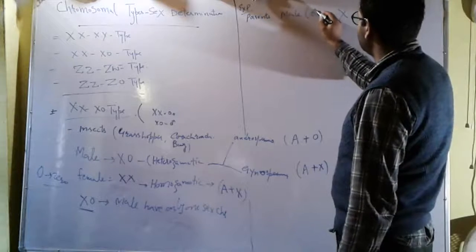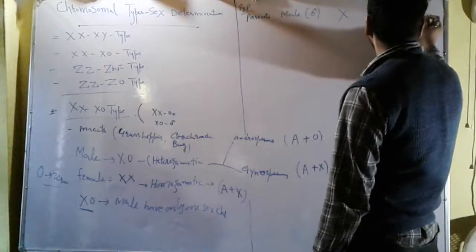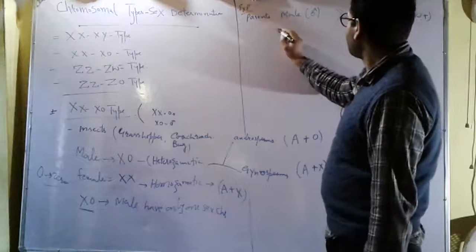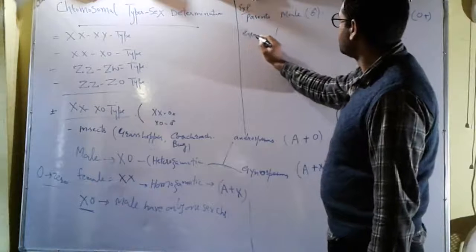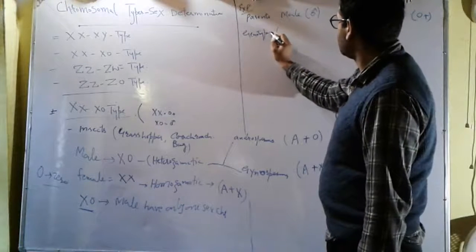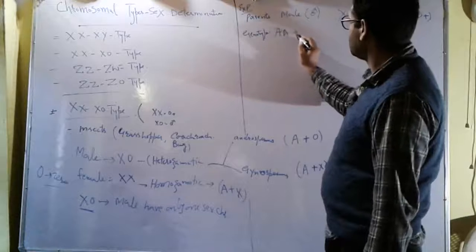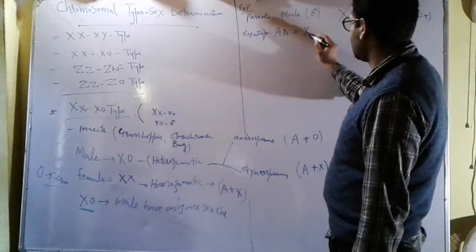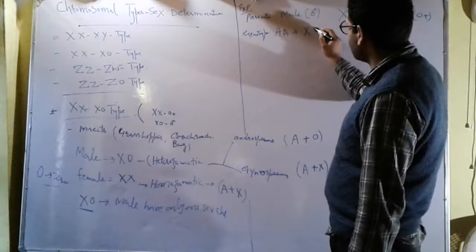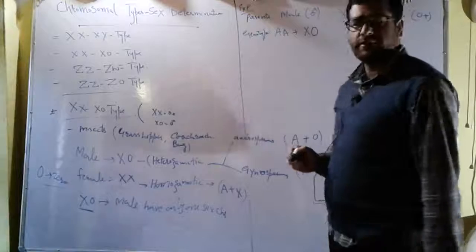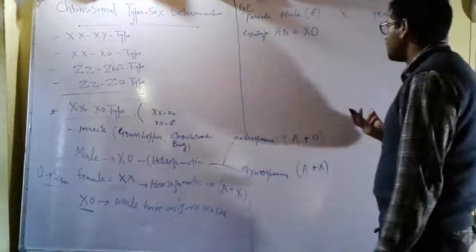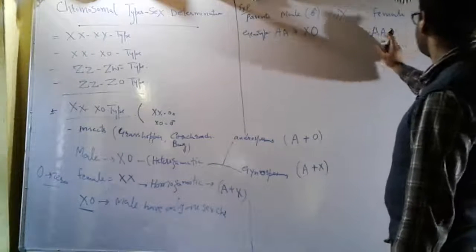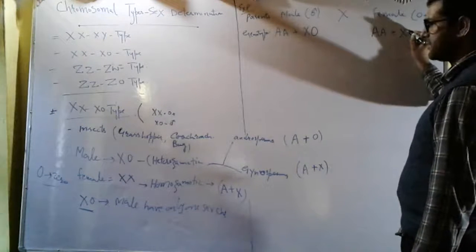The male has the genetic constitution AA autosomes plus only one sex chromosome, and the other sex chromosome is absent, represented by 0, meaning absence of the other sex chromosome. Whereas females have autosomes plus two sex chromosomes, represented by XX.